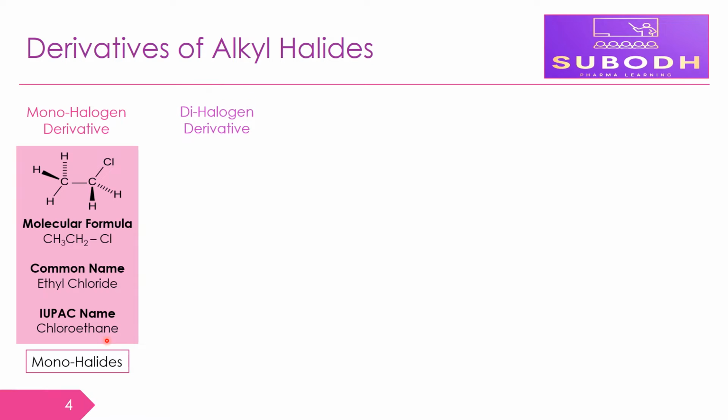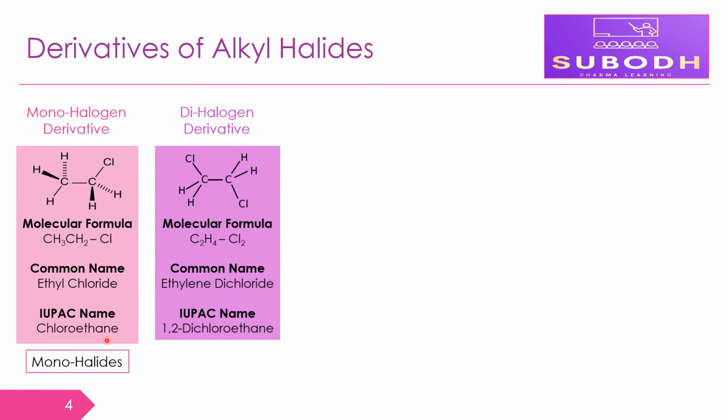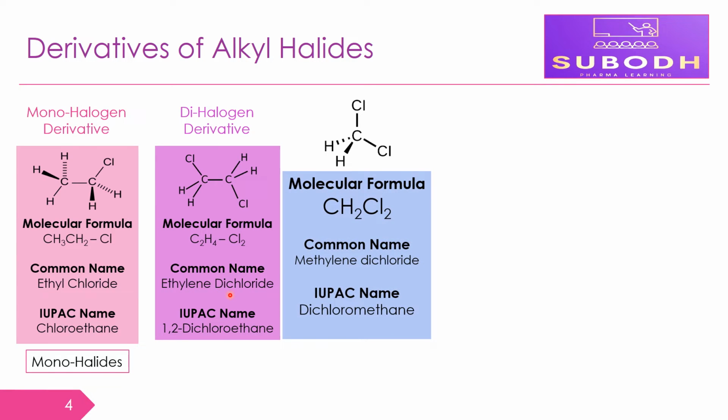The next class is dihalogen derivatives. These compounds are obtained by replacing two hydrogens by two halogen atoms. For example, ethylene dichloride and dichloromethane.